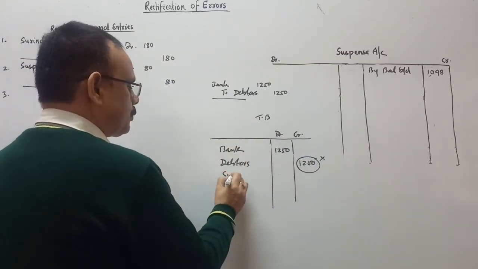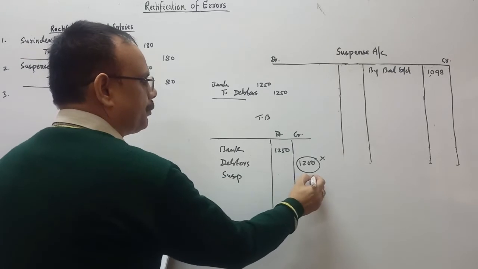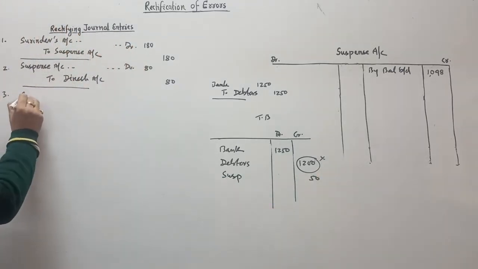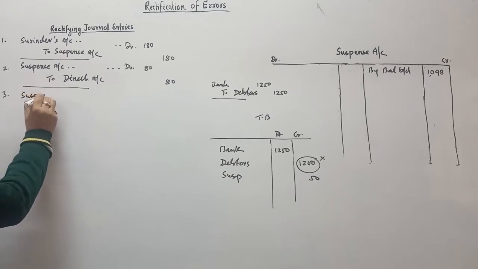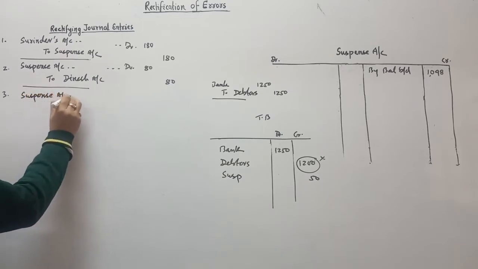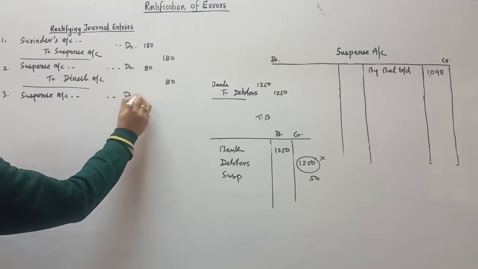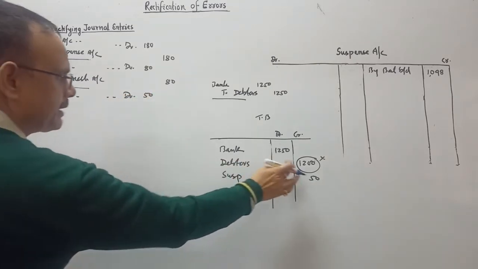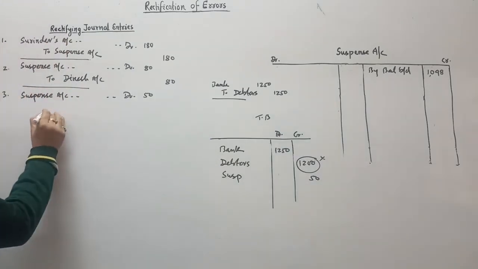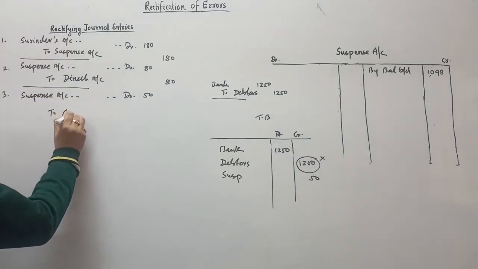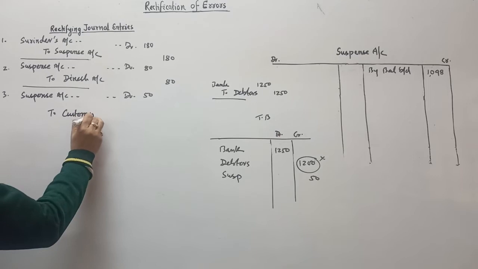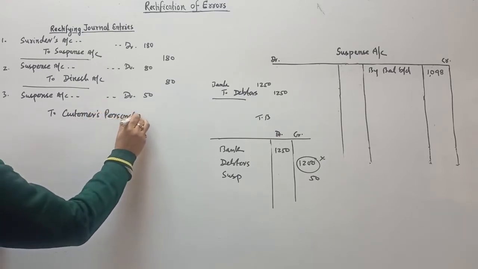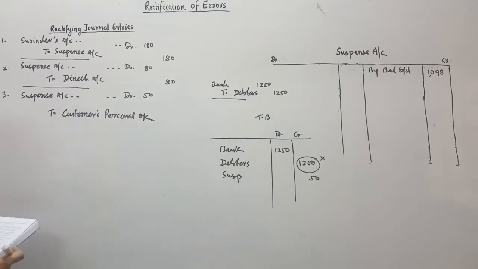So the suspense account will be on the credit side by 50 rupees to match the trial balance. Now suspense will be debited by us: suspense account debit, 50 rupees. And here we have written 50 rupees less, so we have to credit the customer's personal account.